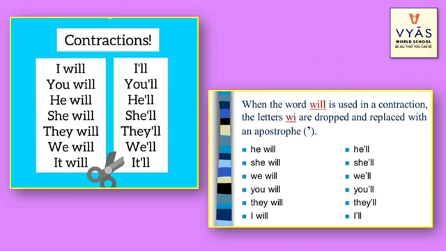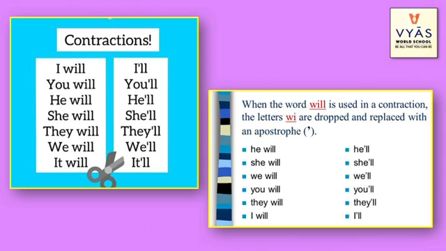So now children, it's time to learn about the contractions when the word will is given. When the word will is used in a contraction, the letters wi are dropped and replaced with an apostrophe. So we will, she will, he will, you will, they will, I will.